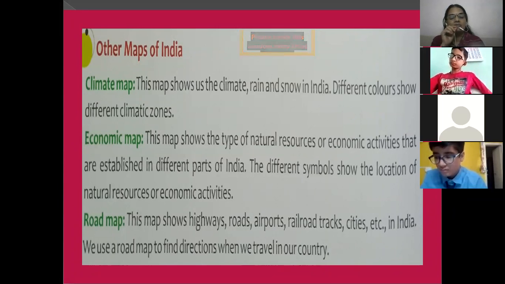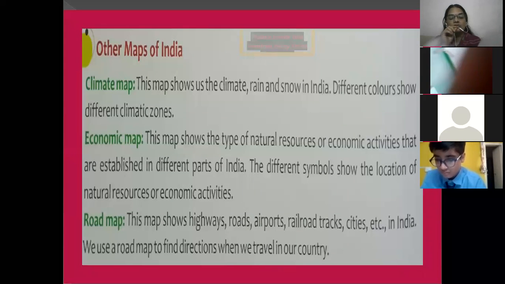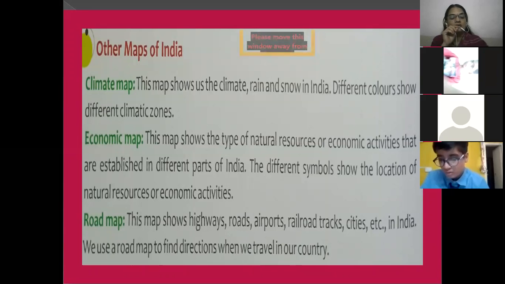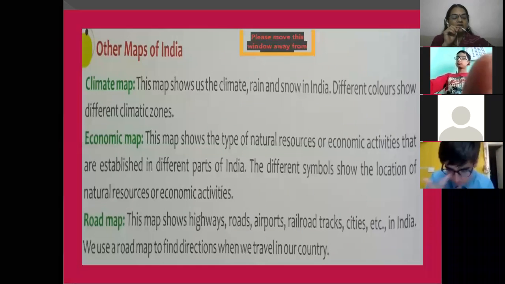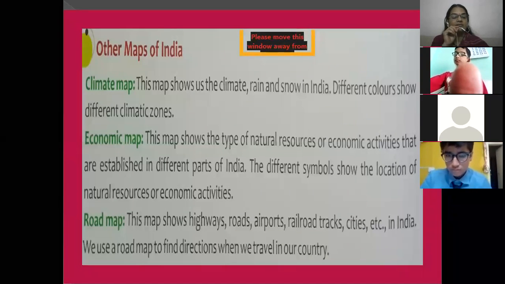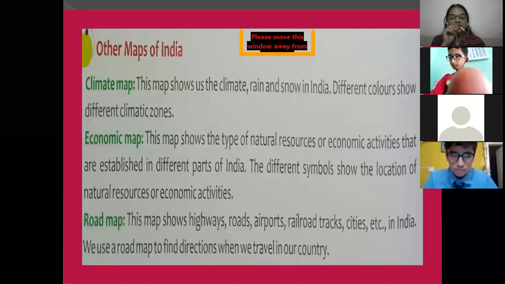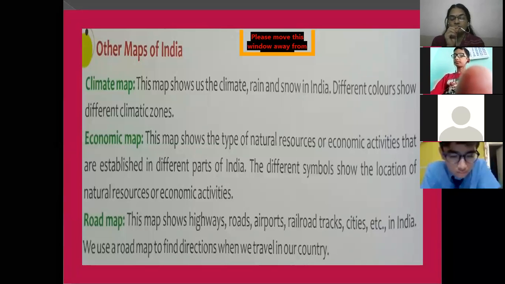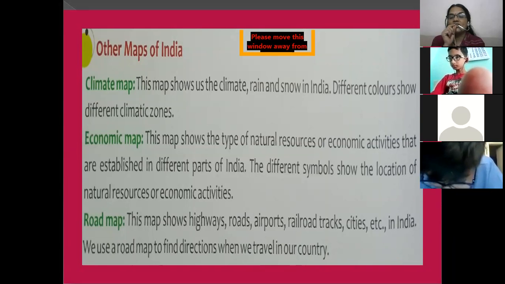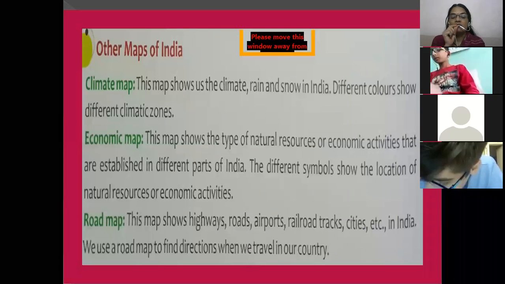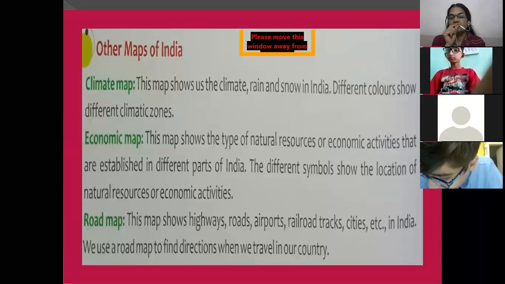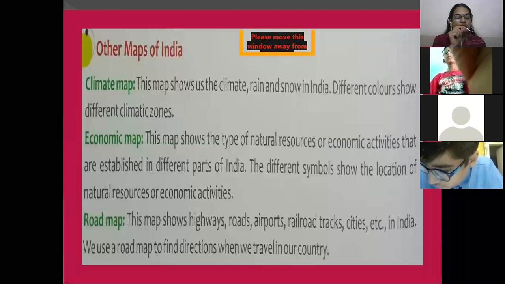And maps help us to locate the places also. Scale is there in the map for measurement, and there are advantages of maps also, because a globe cannot be carried easily anywhere, but maps can be folded and carried in a pocket also.